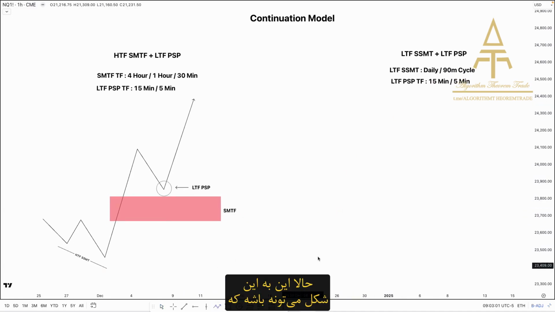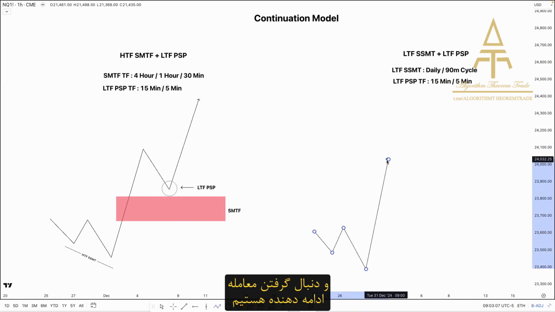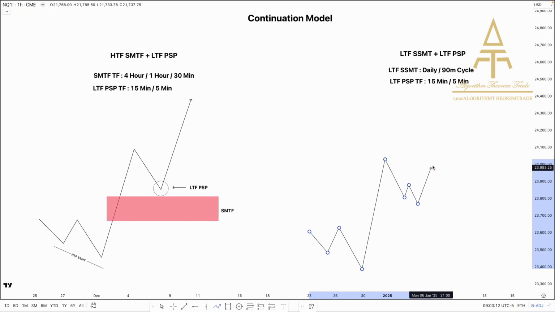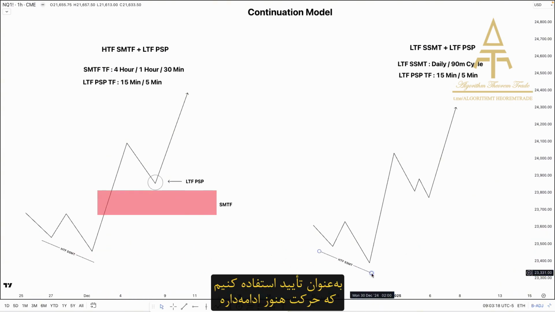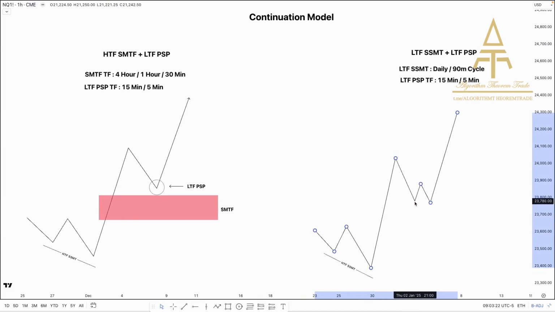Now what this would look like is, once again, we have our higher time frame sequential SMT. We're looking to trade a continuation, and we can use a lower time frame sequential SMT as confirmation that we continue moving higher in this example.